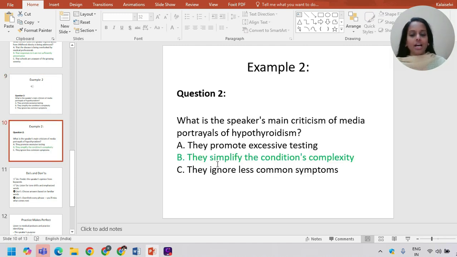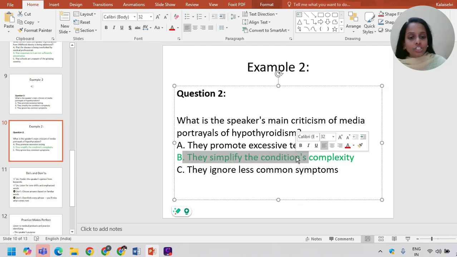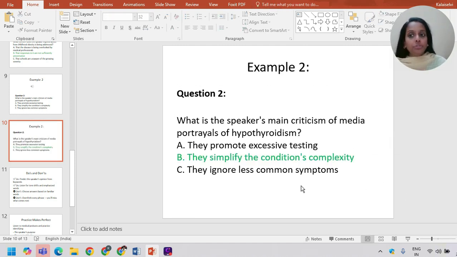The correct answer is option B: they simplify the condition's complexity. Let me tell you why. Option A is a consequence, okay? It's not the main criticism. And option C is also wrong because while it might be true, the focus was on oversimplification.